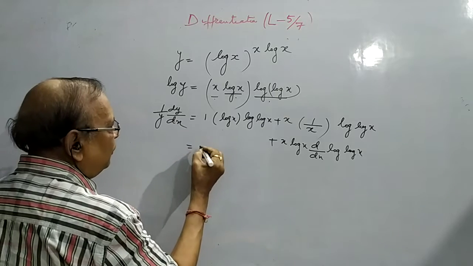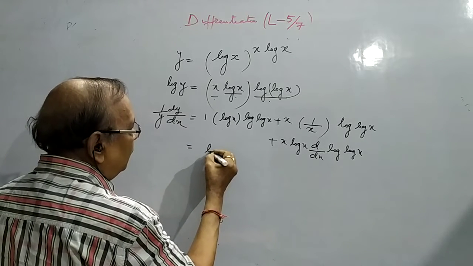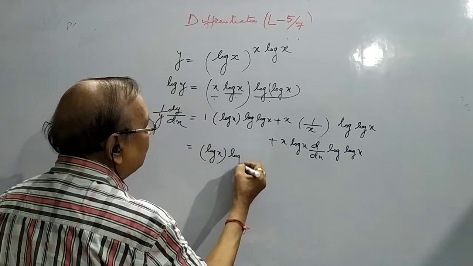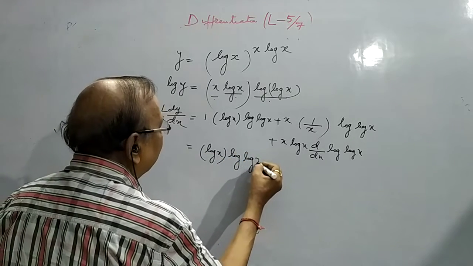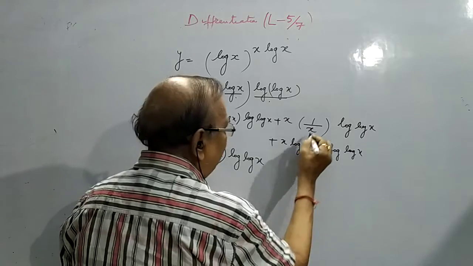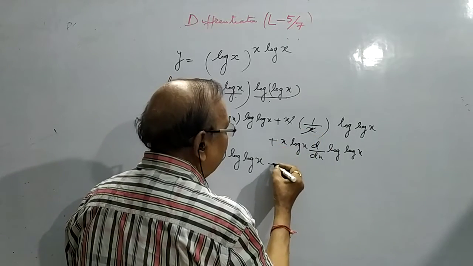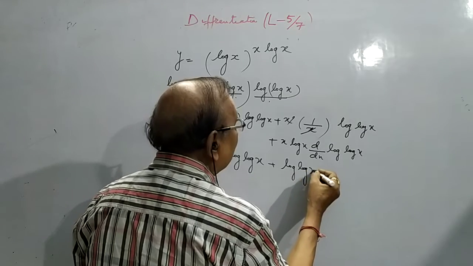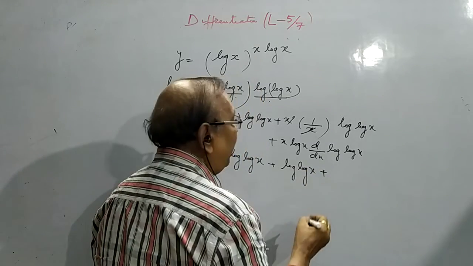Now that is equal to log x into log x, x cancels x, plus log x, plus x log x.